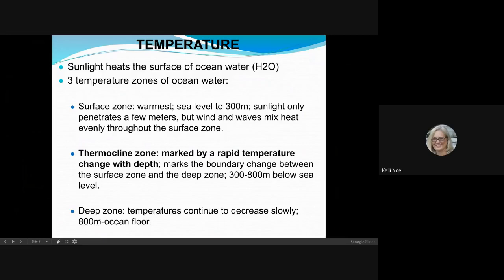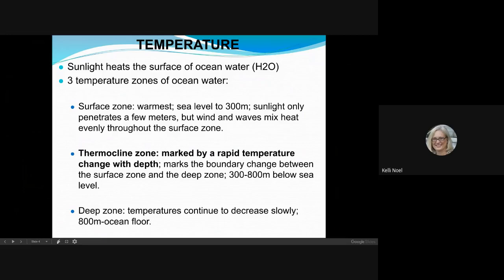So the surface is much warmer, and it is heated by the sunlight. And so based on temperature, we have three zones. We have the surface zone, and this is going to be the warmest, and it's going to go from sea level to about 300 meters.